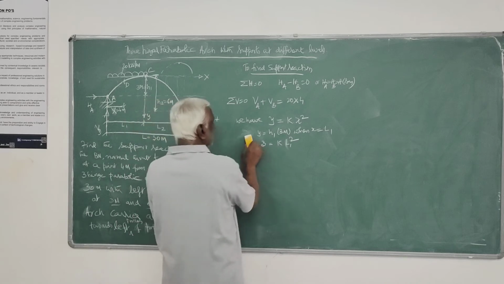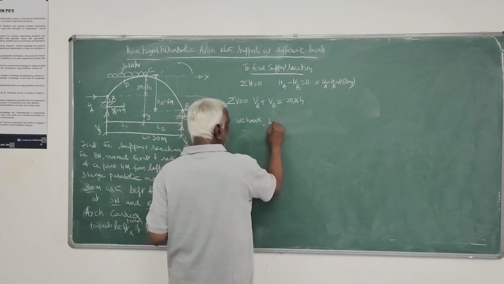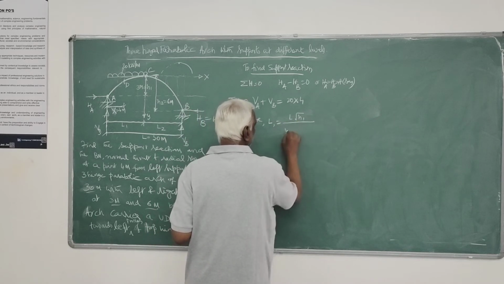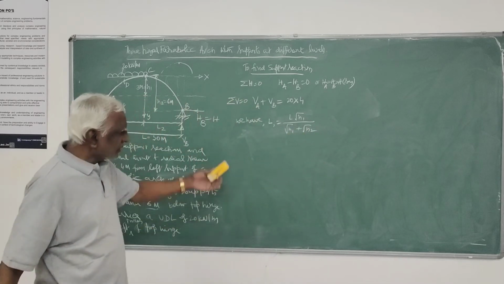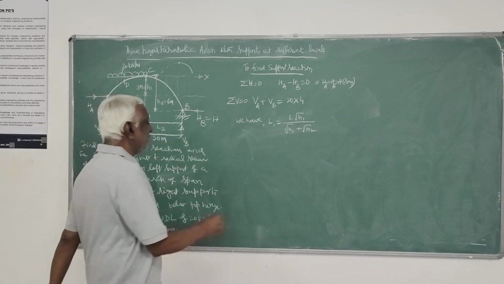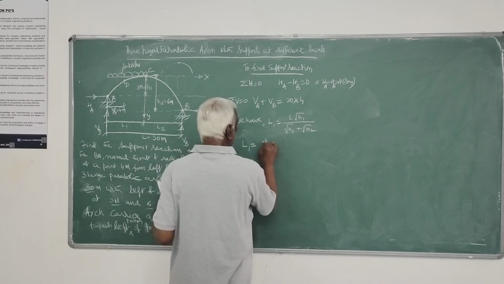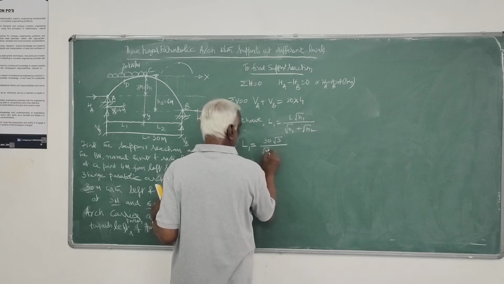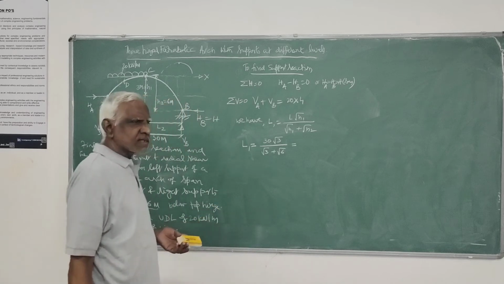Or we can use the formula straight away: L1 is equal to L root H1 divided by root H1 plus root H2. Instead of working that calculation, we can remember the formula. So L1 is 30 root 3 divided by root 3 plus root 6. This you can simplify.